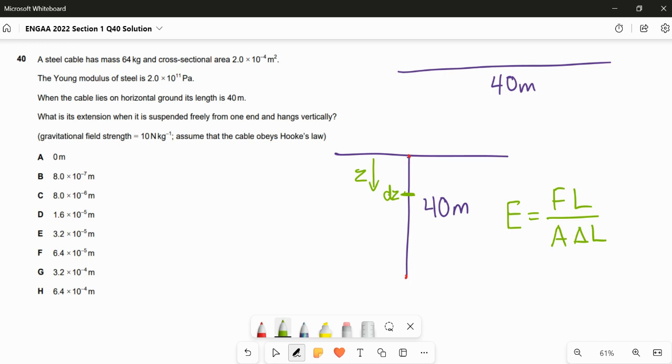So this is just using F over A divided by delta L over L. So the extension from any little bit will be F times L over A E.